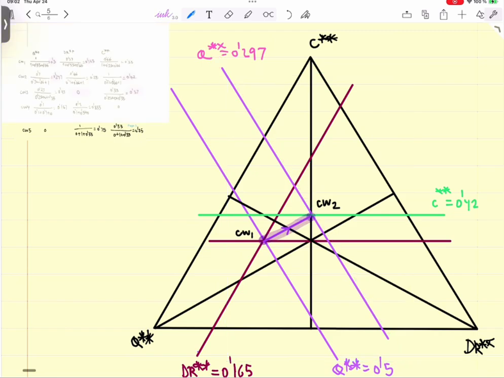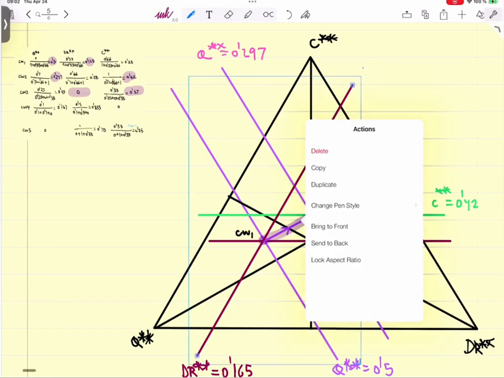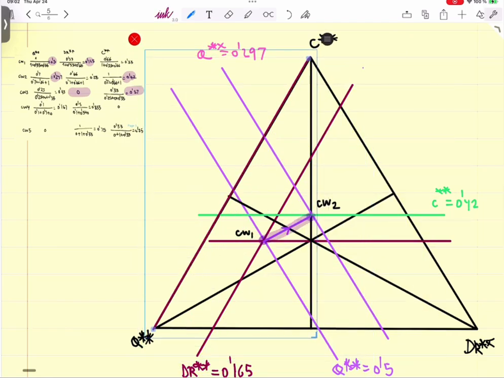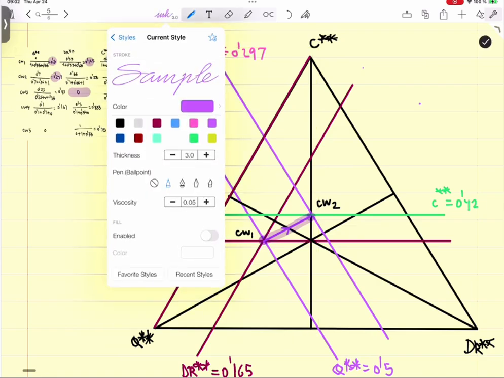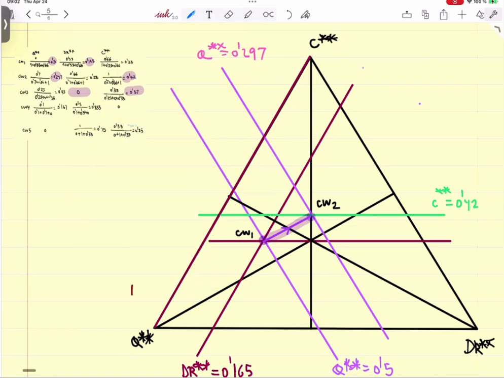Let me take the right one. So parallel to this line, all the points are going to be delivery rate 0. So we're going to take that. This is going to be delivery rate star equals 0.